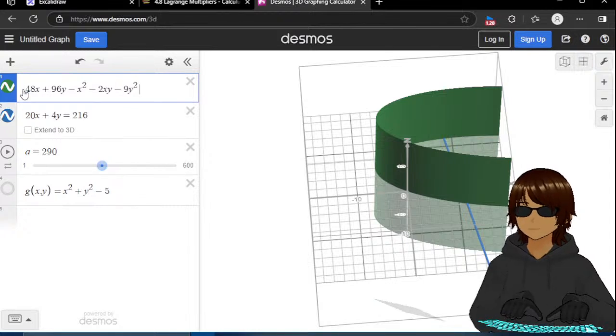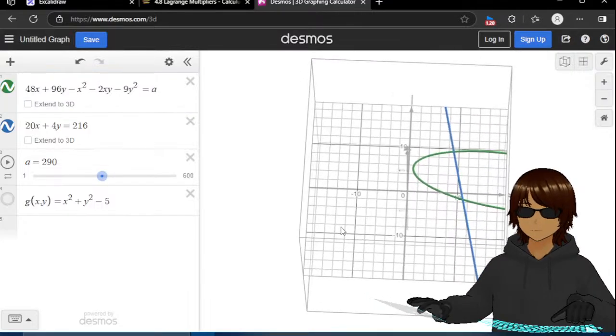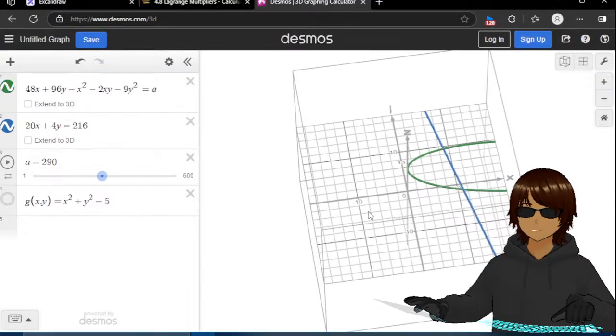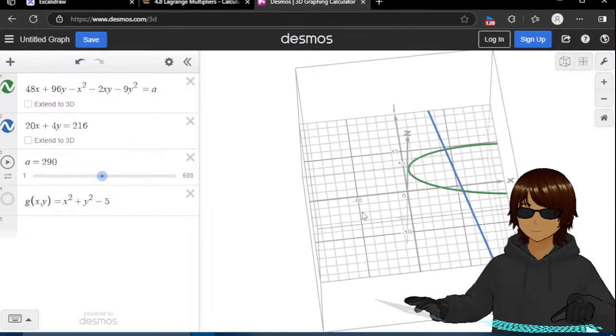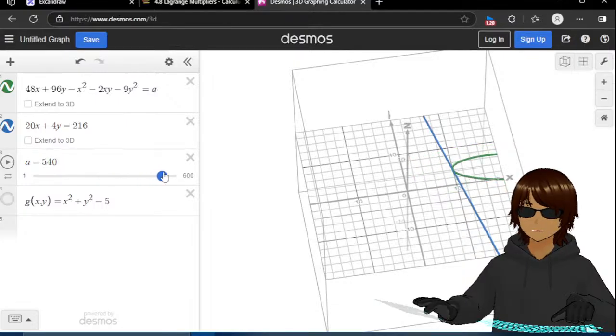This is not 3D. So we have this graph. Need to find the value of a where this goes to a minimum.